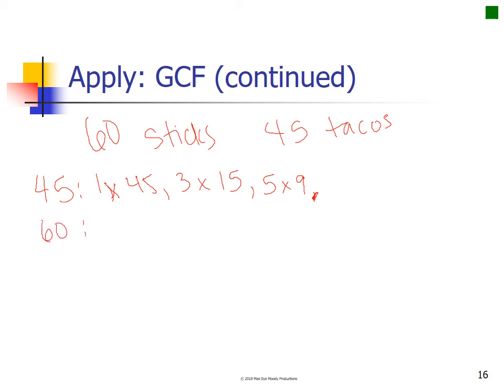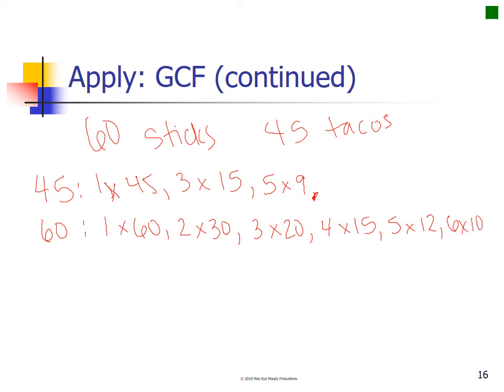Now I'm going to list my factors for 60. 1 times 60, 2 times 30, 3 times 20, 4 times 15, 5 times 12, 6 times 10, 7 times nothing, 8 times nothing, 9 times nothing, and then I'm back to 10.